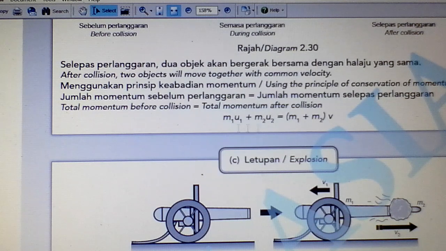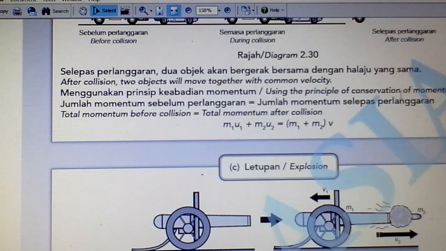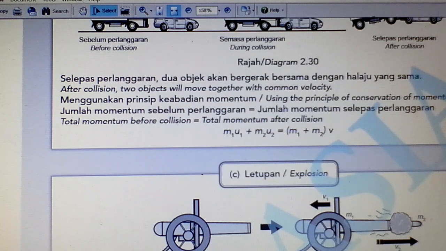This type of inelastic collision normally happens during a serious accident. So you can see most of the kinetic energy is lost as heat and sound. That's why kinetic energy is not conserved.